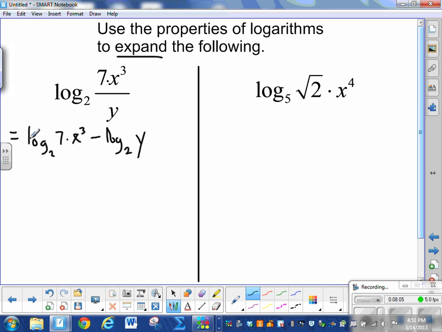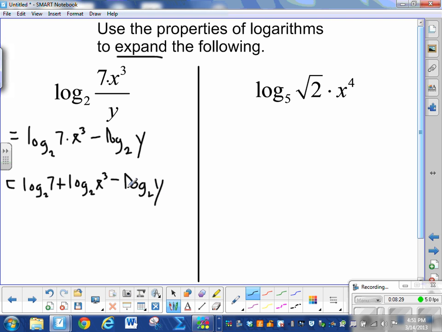Don't bring down the exponent over here first, because that's just on the x, so we've got to separate these first. So this will end up being log base 2 of 7. Since it's multiplication, you're going to turn it to adding, log base 2 of x to the third, minus your log base 2 of y.